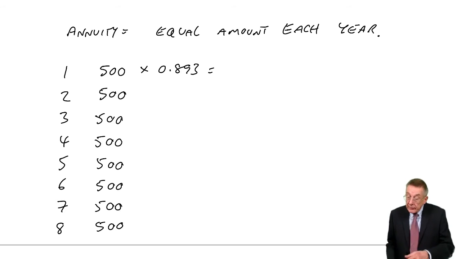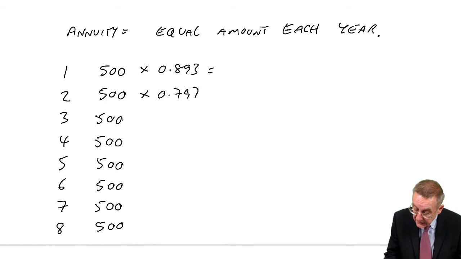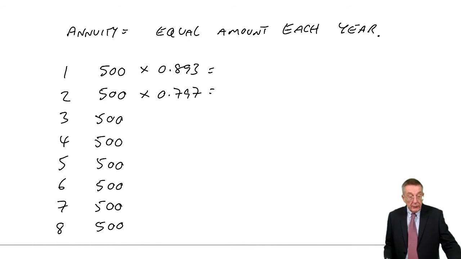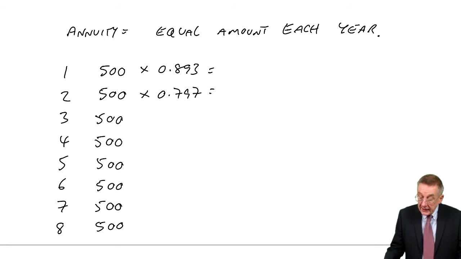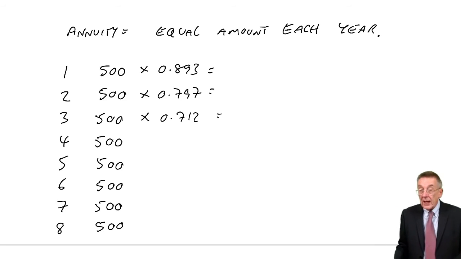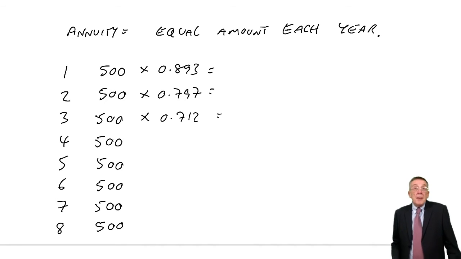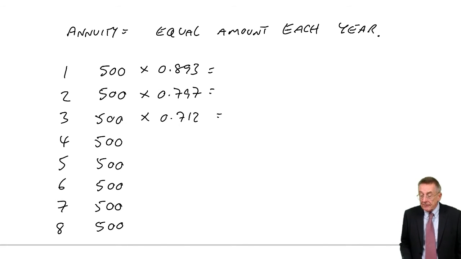In addition, there's 500 in 2 years. Well, to discount for 2 years at 12%, the factor is 0.797. And that would give you the present value of that 500 in 2 years. And again in 3 years. And so on.